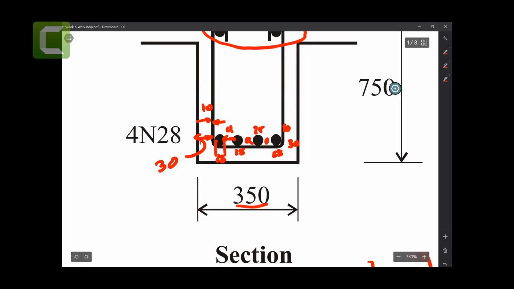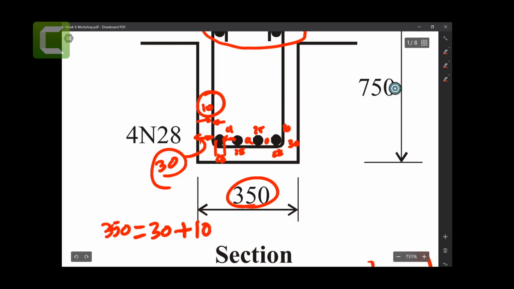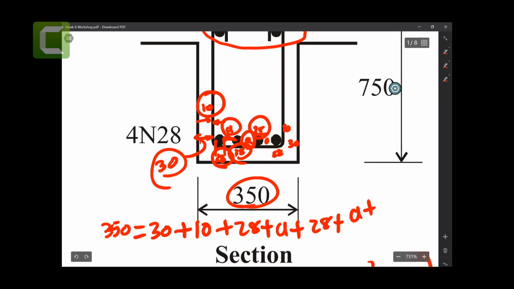What I do is take 350 equal to this 30 plus this 10 plus this 28 plus A plus 28 plus A plus 28 plus A plus 28 plus 10 plus 30.